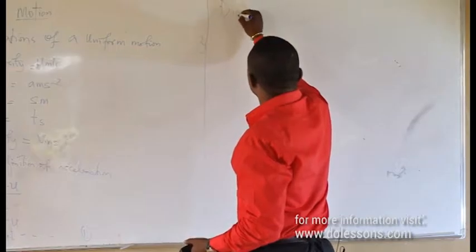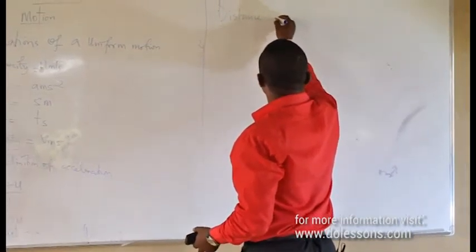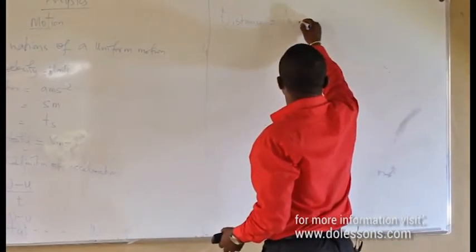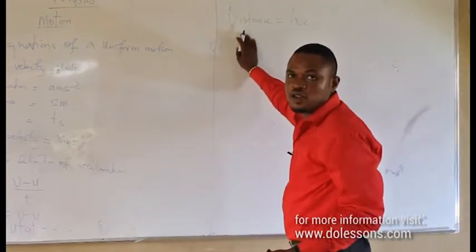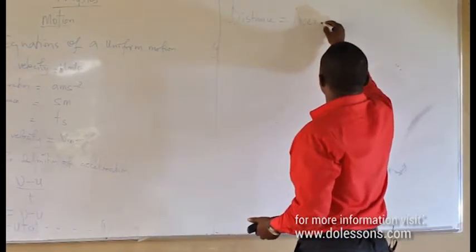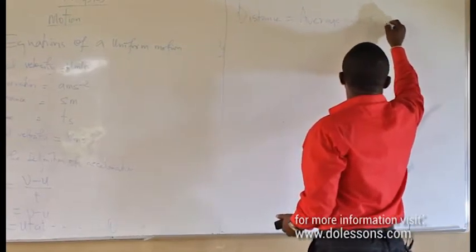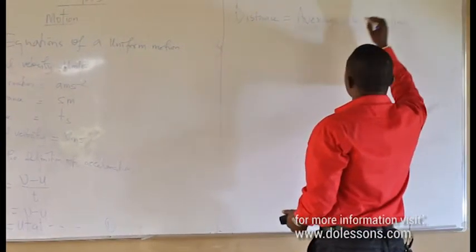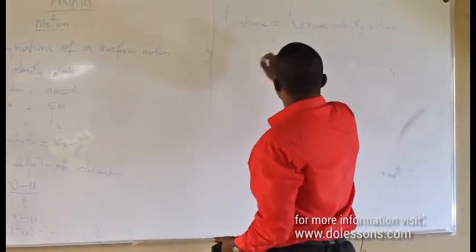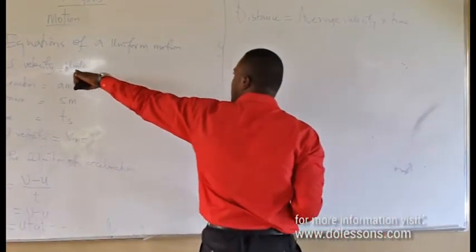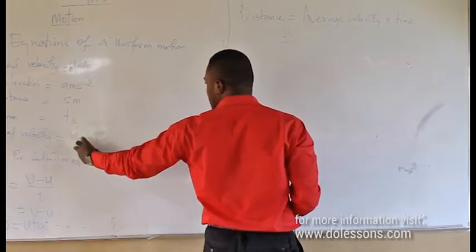Distance is equal to average velocity times time. That is, the total distance covered is given as average velocity times time. Initial velocity here is u and the final velocity is v.